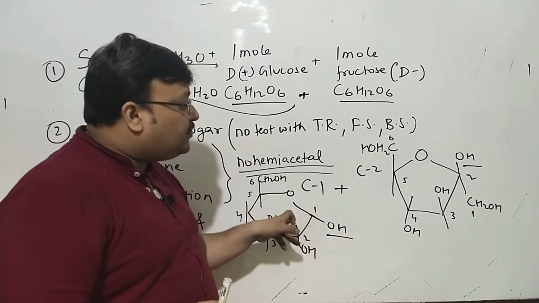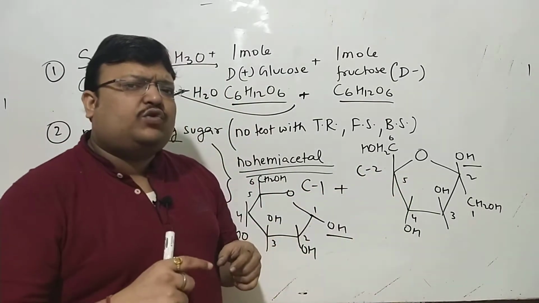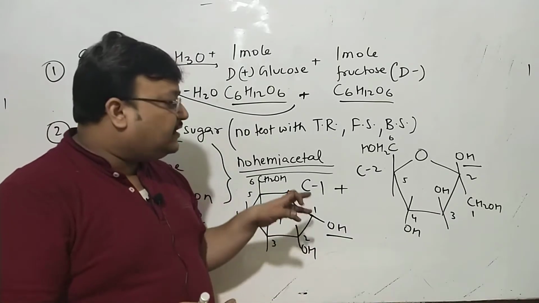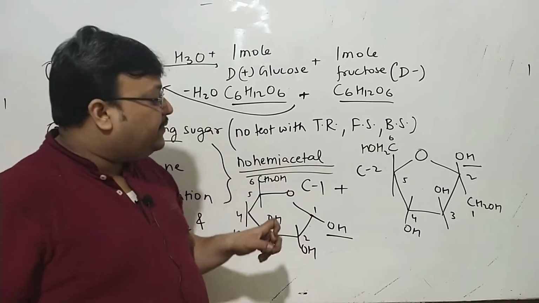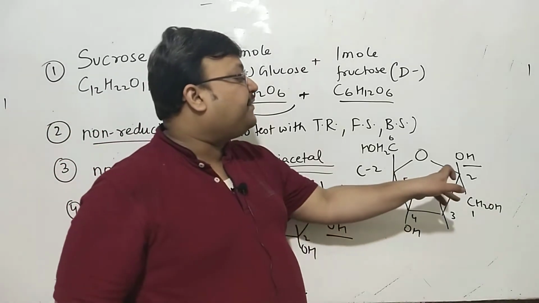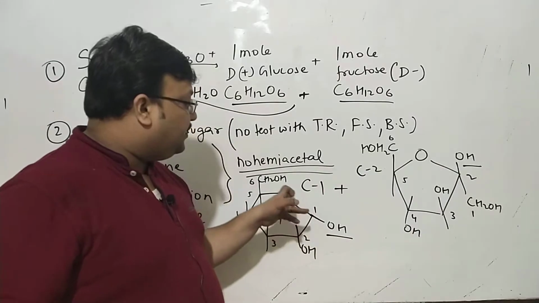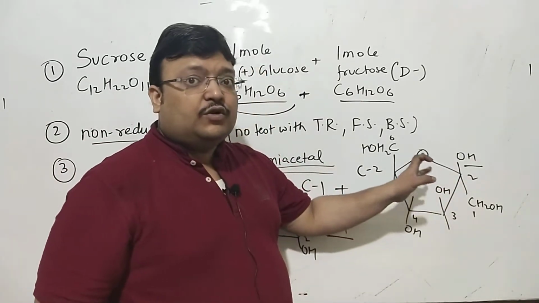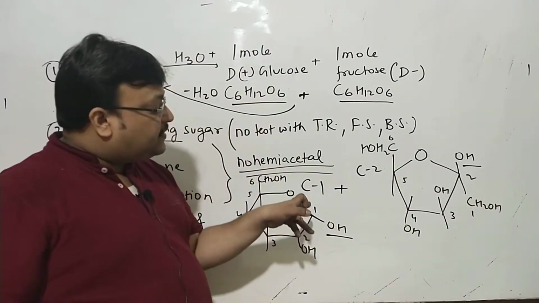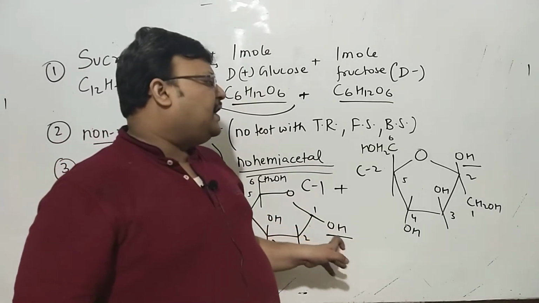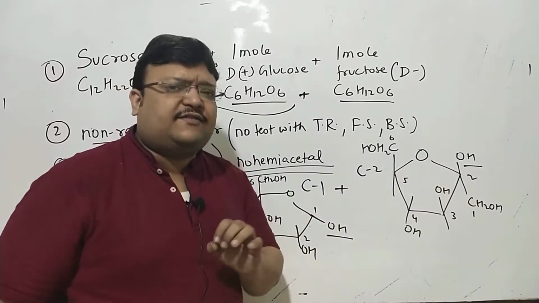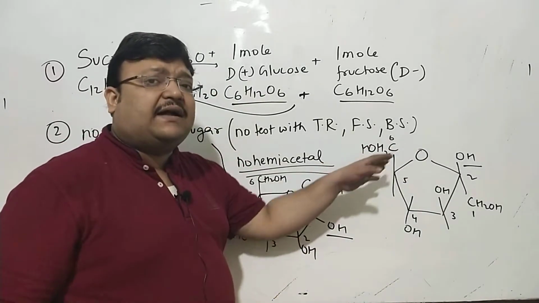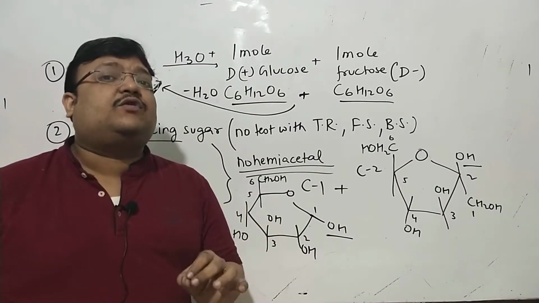If I choose any pair of OH other than C1 of glucose and C2 of fructose, I'll either have a hemiacetal left here or a hemiacetal left there. It's a hemiacetal, OR, OH. So naturally, I'll have to club this carbon 1 OH and carbon 2 OH so that both the hemiacetal are destroyed, both become acetal, and there is no hemiacetal group left.